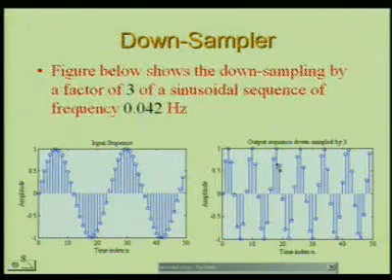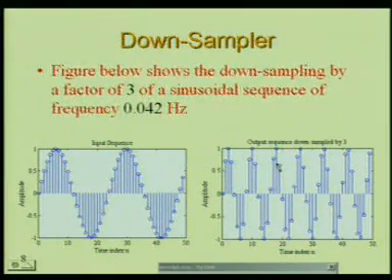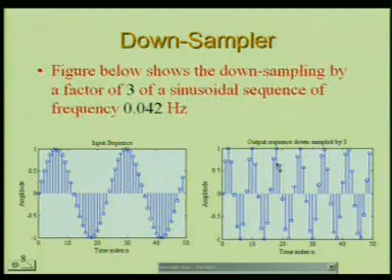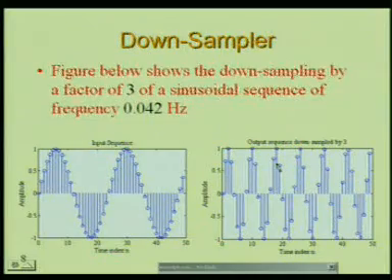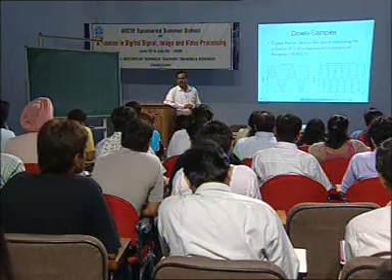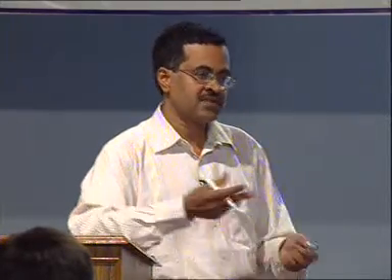The left side figure shows a discrete sinusoidal signal with frequency say 0.042 hertz. The right side sequence is the output from the downsampler. Your downsampler is basically a device, for the time being we can consider it as a device.